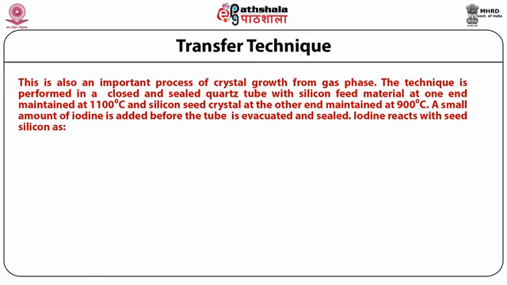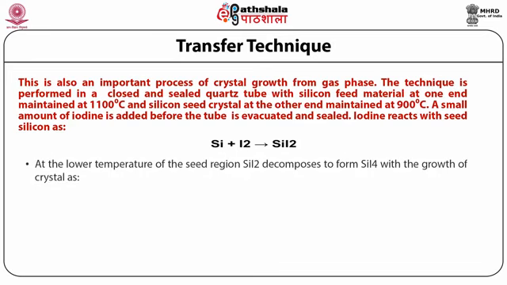A small amount of iodine is added before the tube is evacuated and sealed. Iodine reacts with seed silicon as Si plus I2 gives SiI2. At the lower temperature of the seed region, SiI2 decomposes to form SiI4 with the growth of a crystal as 2SiI2 gives SiI4 plus Si.